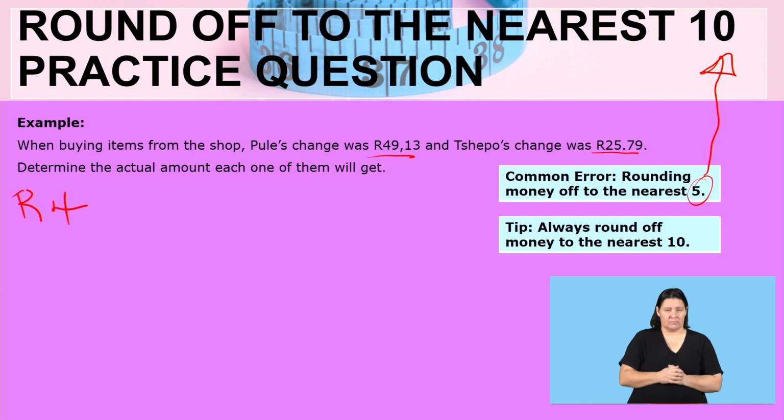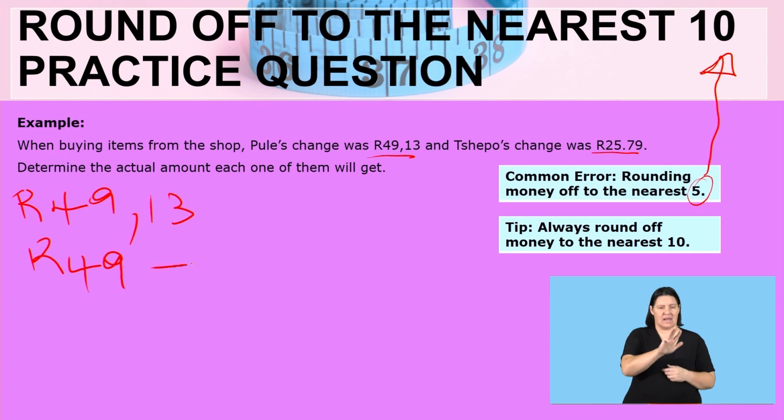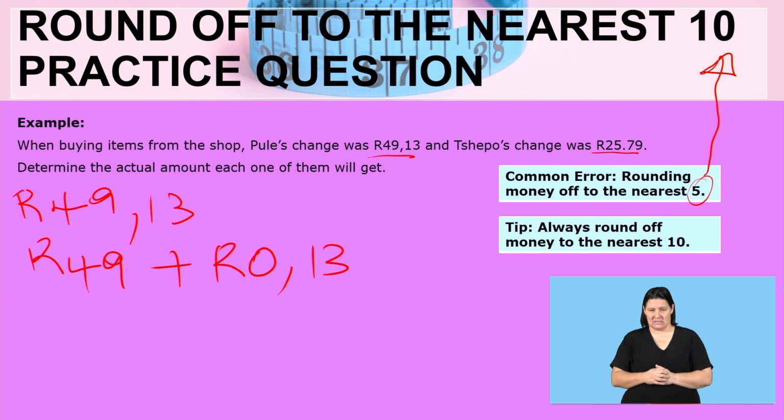Let us dissect the amount that Pule has got, 49 rand 13. If we dissect it, we will have 49 rand plus 13 cents. Now if we have 13 cents, remember I said the second decimal value is what plays the most important part. Because the second decimal value is less than 5, we are going to eliminate this 3.